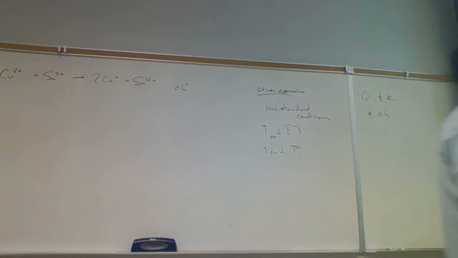So how do we figure out if there's a driving force for redox? Strong to weak. And so we don't use this data table. We're going to use, what was the name of that data table? Does anybody know the name of that data table?